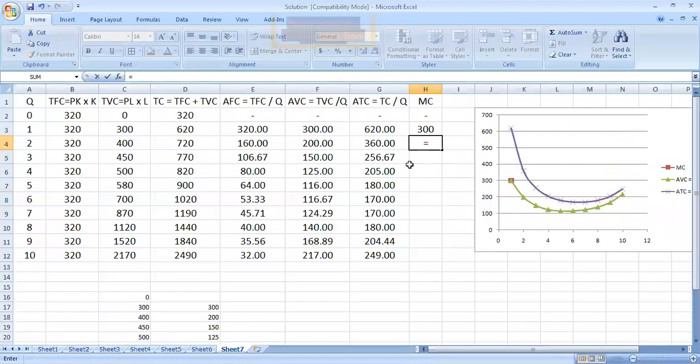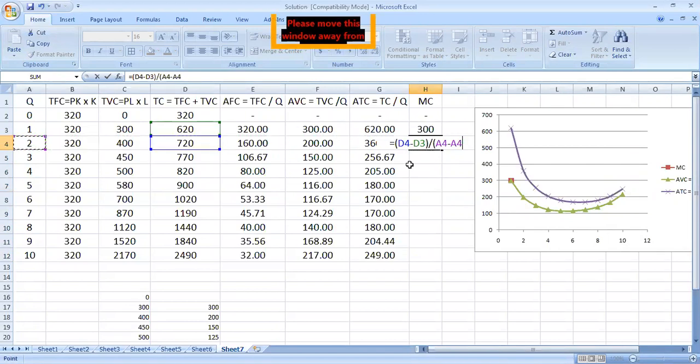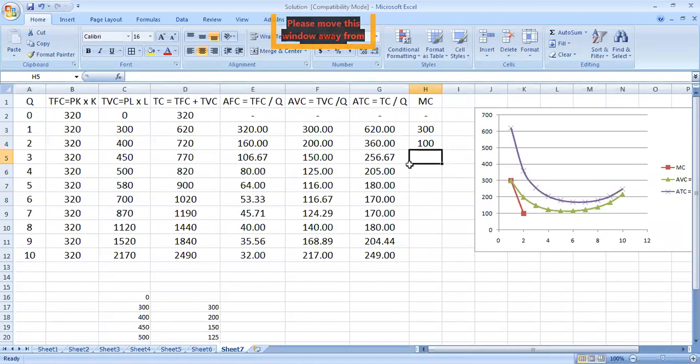Look at the next value. 720 minus 620 divided by 2 minus 1, change in total cost divided by change in output. The answer is 720 minus 620 equals 100, divided by 2 minus 1 equals 1. So 100 divided by 1, the answer is 100.